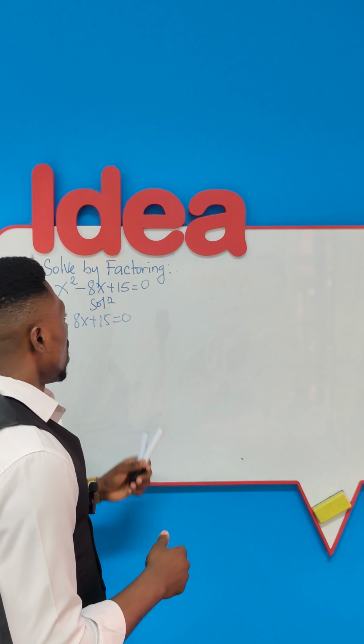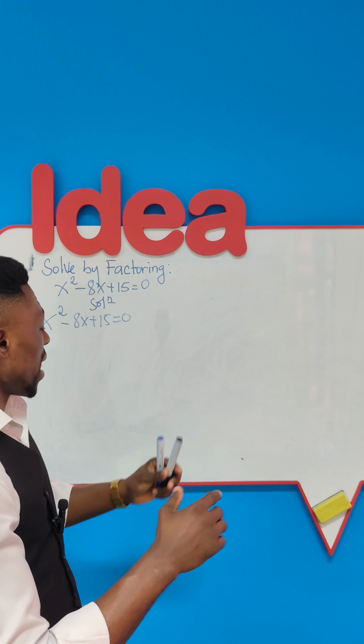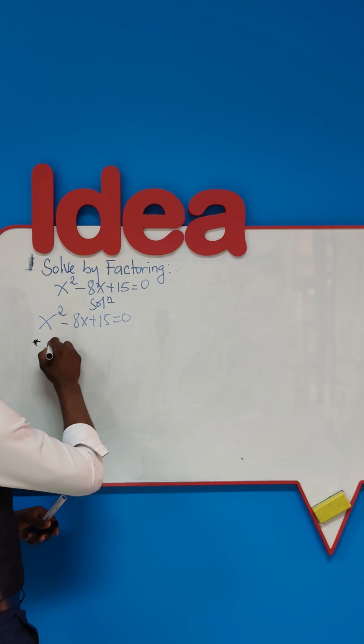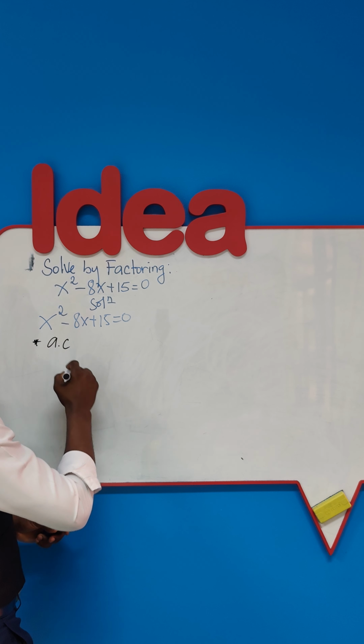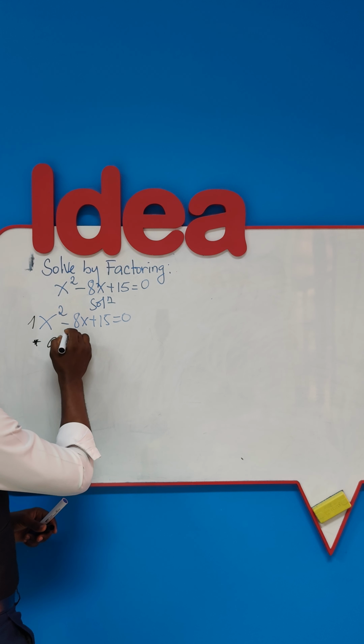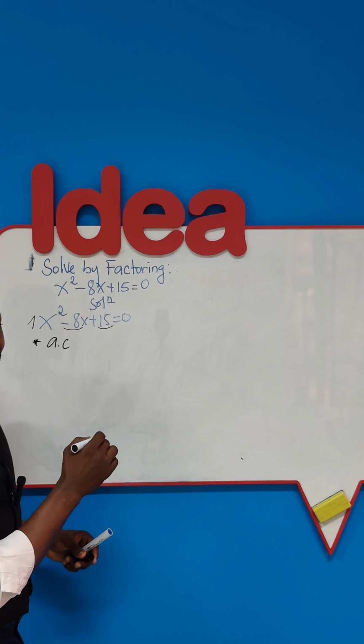All right, so having had the instruction to factor the quadratic equation, we will go ahead. The first step here is to find AC. Now, what's AC all about? Here A is 1 and B is negative 8, while C, the constant term, is 15.